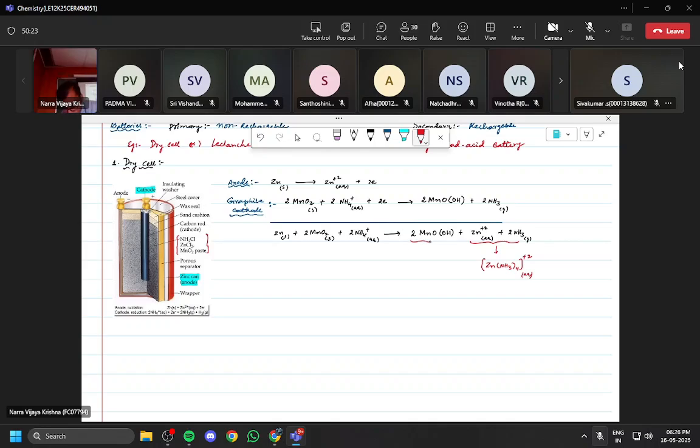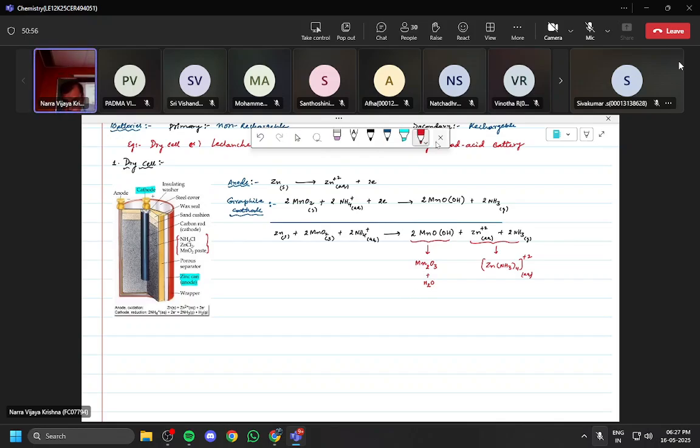This MnOOH will convert to Mn2O3 plus H2O. Check whether it was balanced or not. 2 hydrogens, oxygens 4, here 3, here 1, 4; 2 manganese, 2 manganese. Clear? Any questions in it?